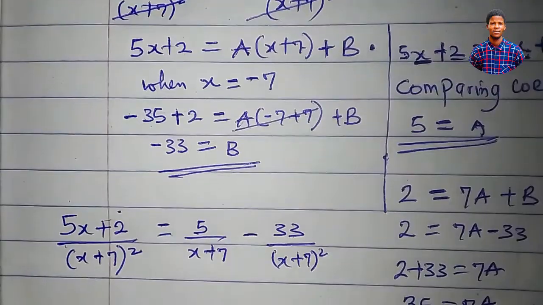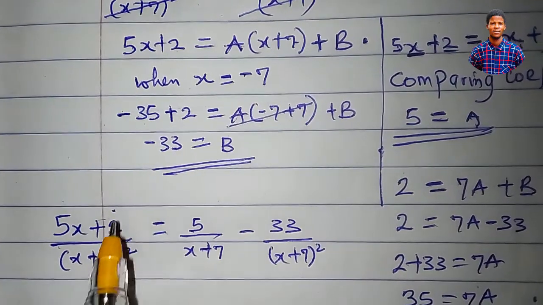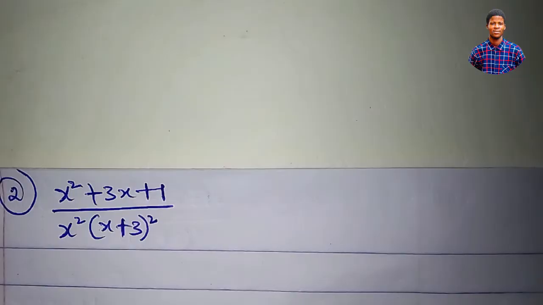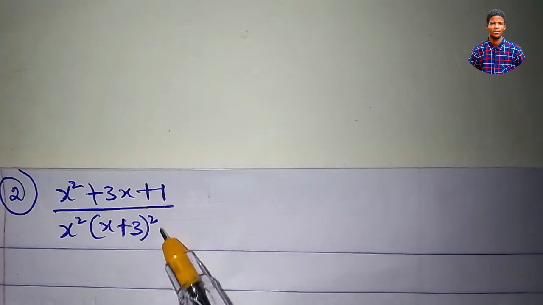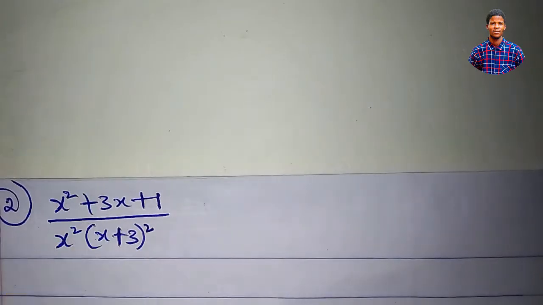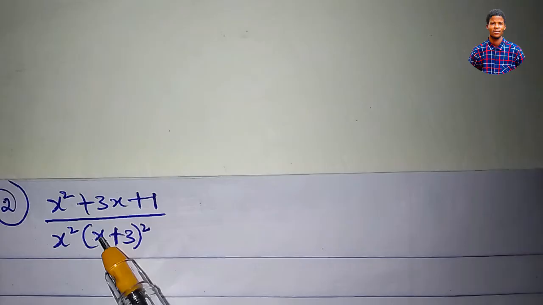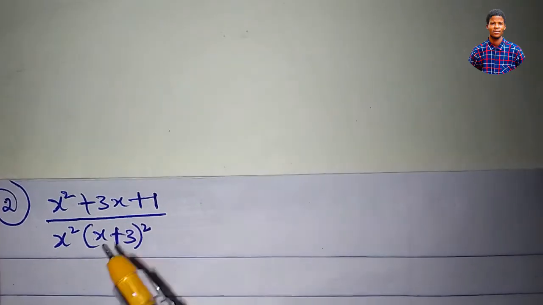So this is the partial fraction resolution of this very compound fraction. Alright? Let's resolve this into partial fractions: x squared plus 3x plus 1 divided by x squared times (x plus 3) all squared. Here we have two factors that are repeated. x repeated twice, x plus 3 repeated twice also.